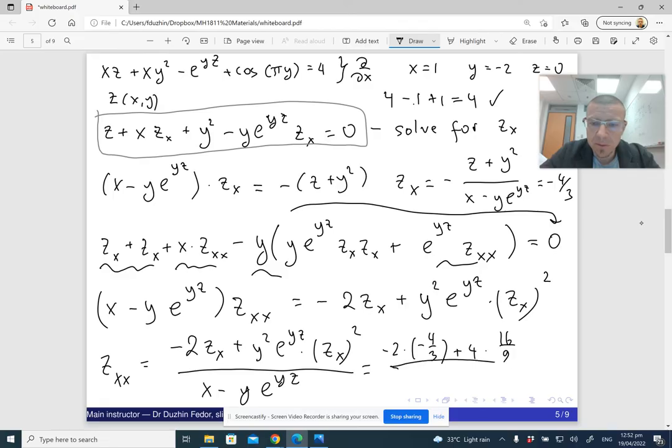Divided by x, which is 1, minus y, so minus negative 2. Yeah, that's it. So I guess that's the answer. If you want, you can simplify it, but this is something that I don't really need to explain, I hope.